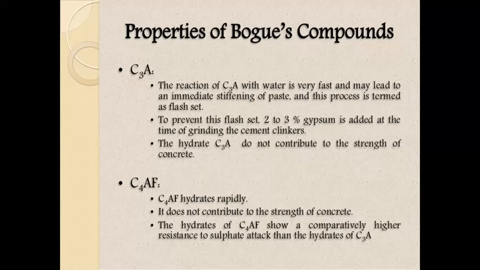So to avoid this flash setting, during manufacturing of the cement, we add 2 to 3% gypsum so that there is time available for the various concrete operations, such as mixing, transportation, placing, etc. So the compound C3A, tricalcium aluminate, is responsible for the early or immediate setting of the cement paste. Next compound is tetracalcium aluminoferrite.